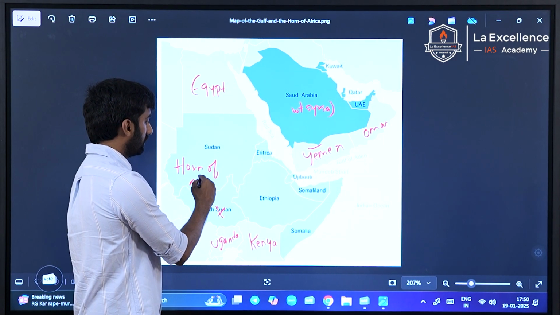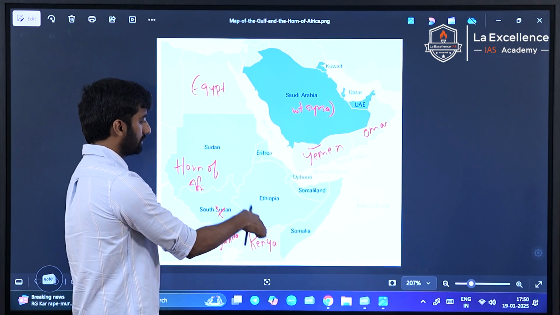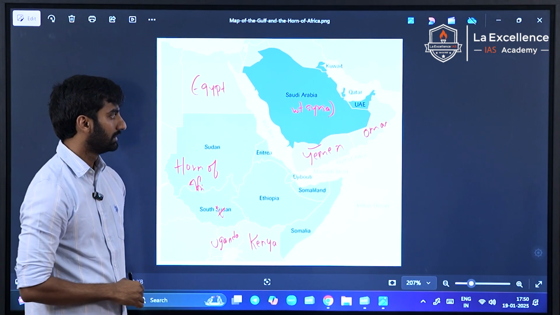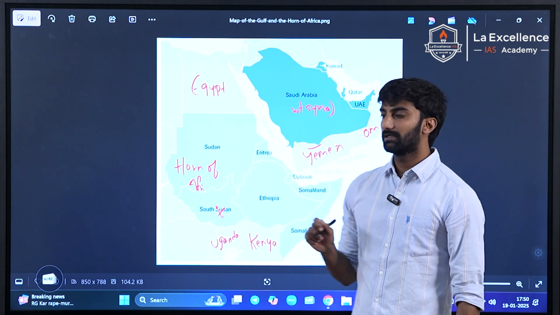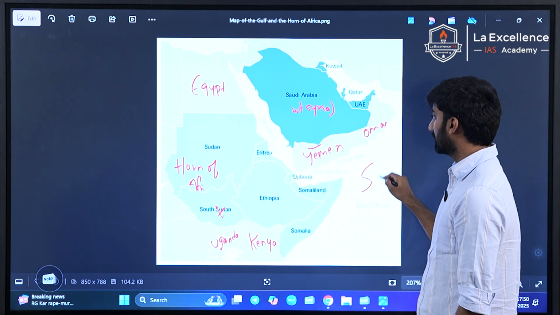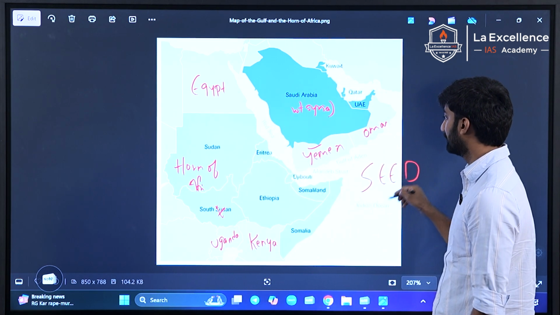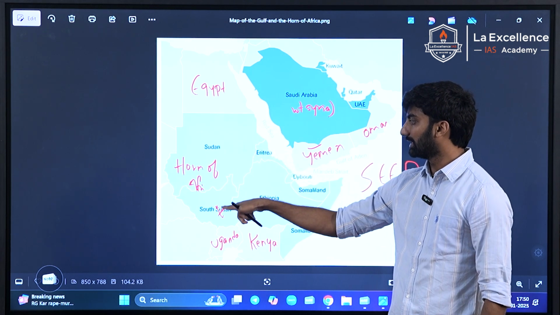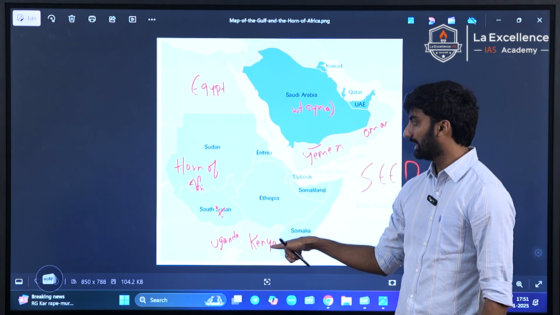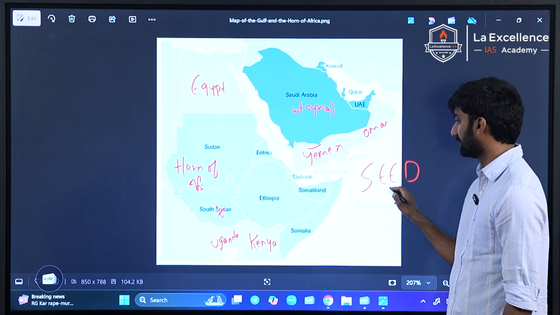The next important fact is a region called the Horn of Africa. We have to know the Horn of Africa countries, and this map shows all those countries. We have studied the Gulf of Aden bordering countries, 4 countries called SEED. All those 4 countries are also part of the Horn of Africa. In addition to these 4 countries, we have 3 more countries, Sudan, South Sudan and Kenya, which are included in the Horn of Africa.